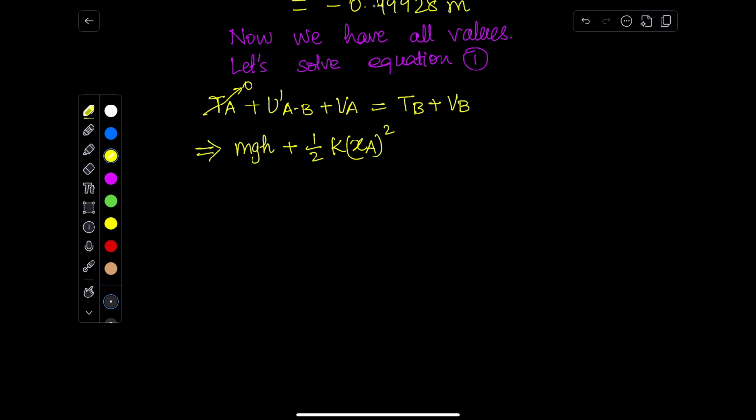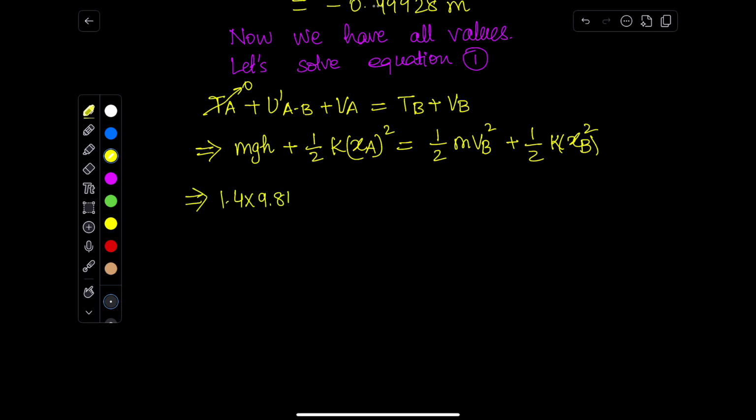Then the work is mgh and the spring work is half k xA square, which is equal to half m vB square plus half k xB square. Now you have all values. You know the value for m.